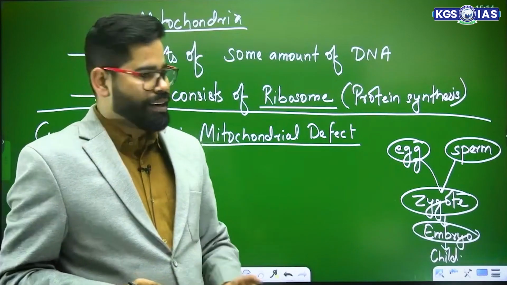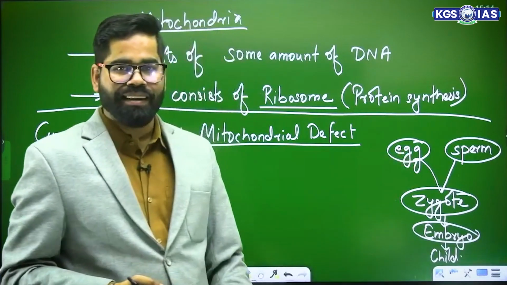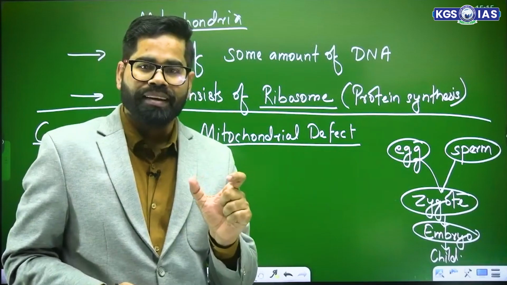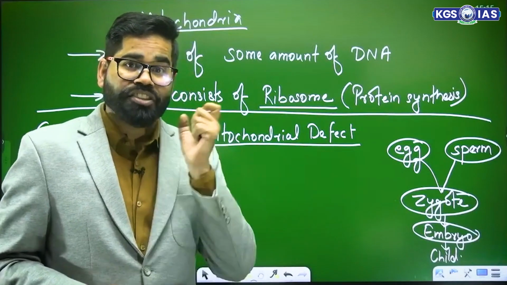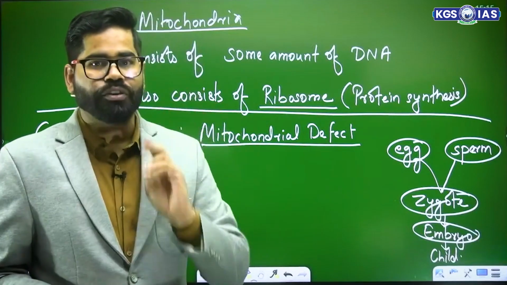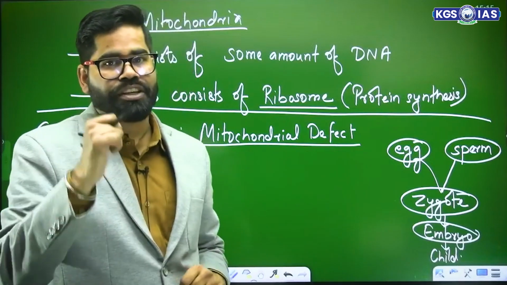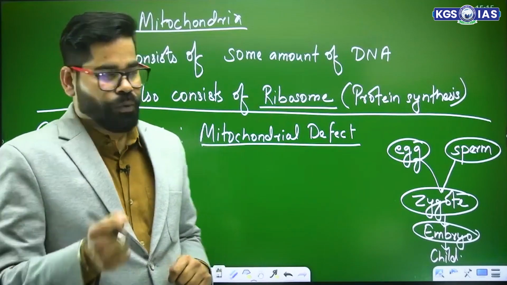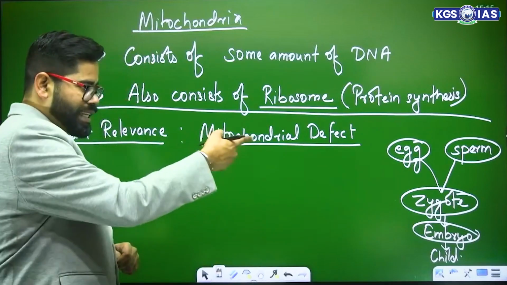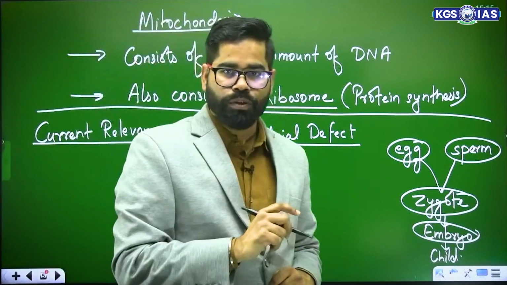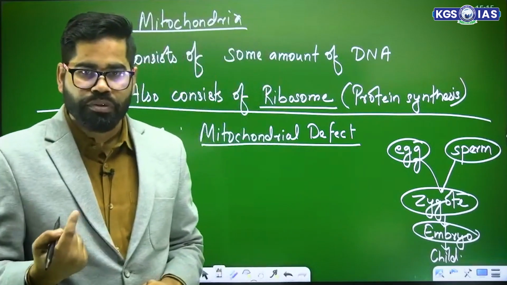Now suppose that if this egg cell is having a defect in the genetic material of mitochondria, that defect is carried in the future generation also. So what is the one important part? We will see that in detail in later classes also, and even in current affairs you will be seeing it.